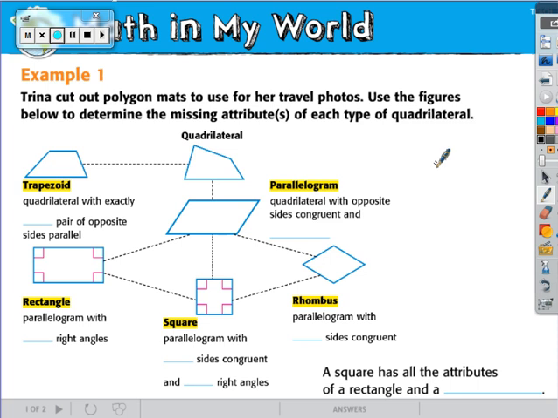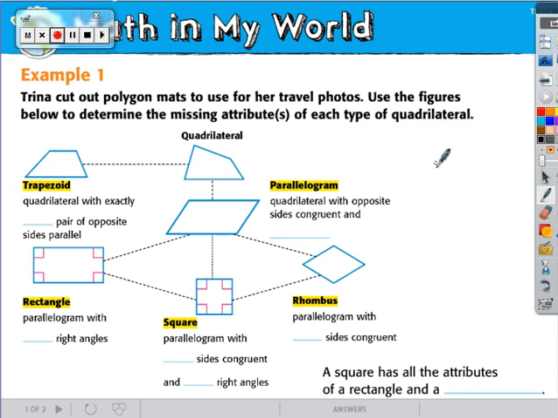All right, moving on. This is going to be the most important page that you have for today. This page is very, very important because every single thing that you do tonight is going to be based off of this page. Quadrilaterals go in two different directions.